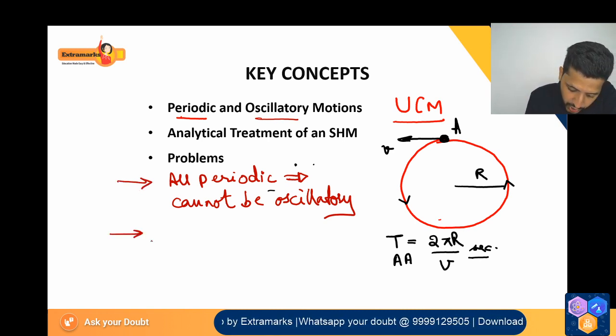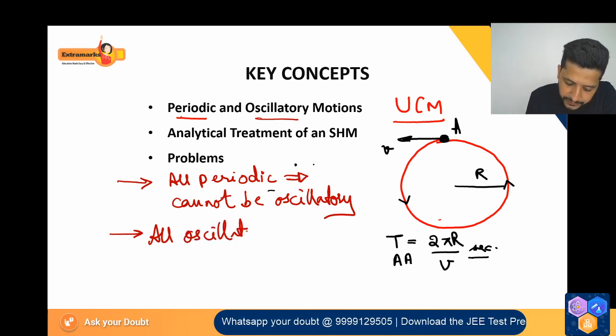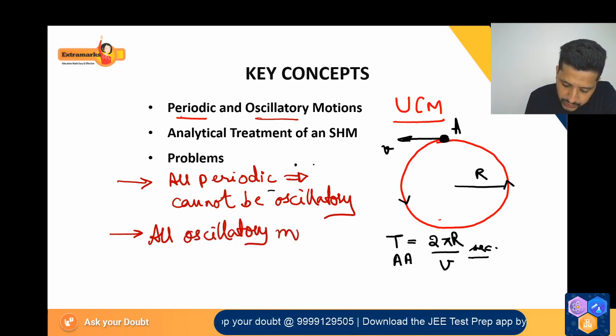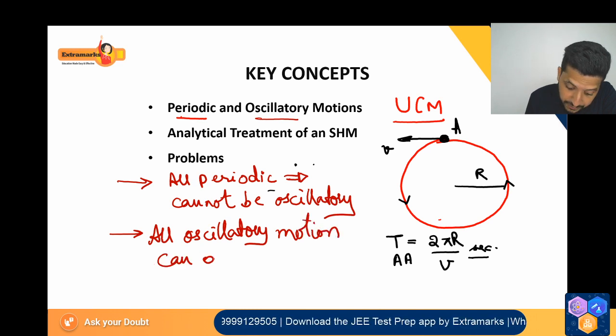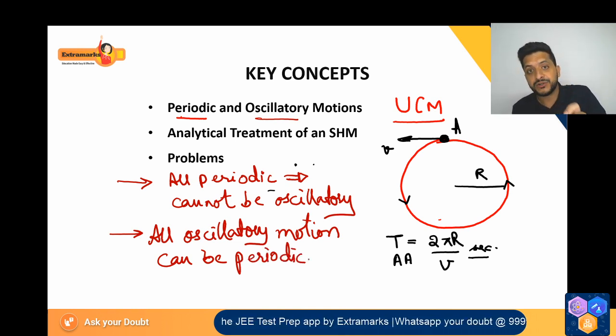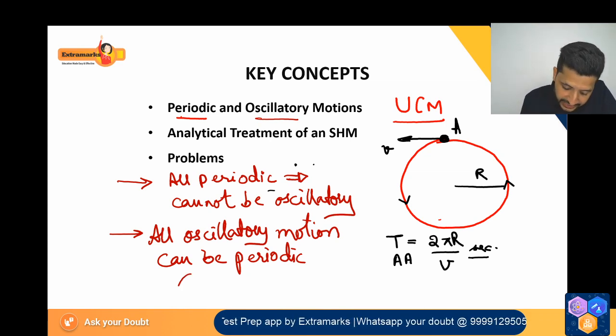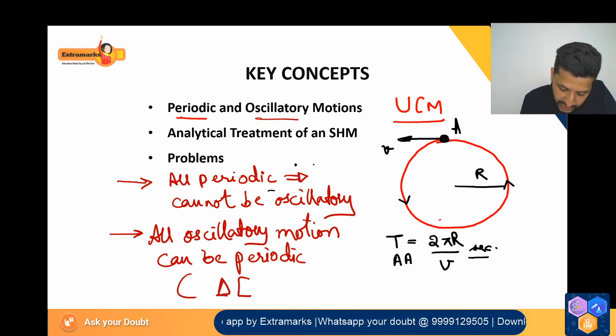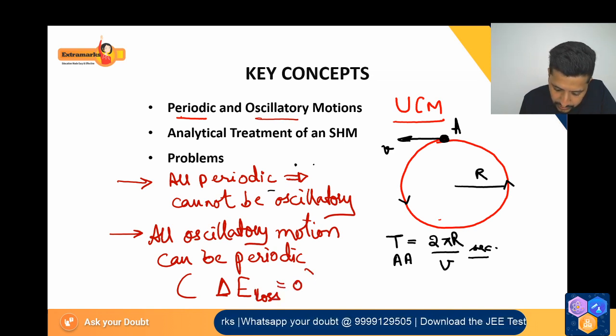Second point, the vice versa. All oscillatory motions can be periodic when that assumption holds. What is that assumption? That energy loss, delta E loss, is equal to how much, beta?